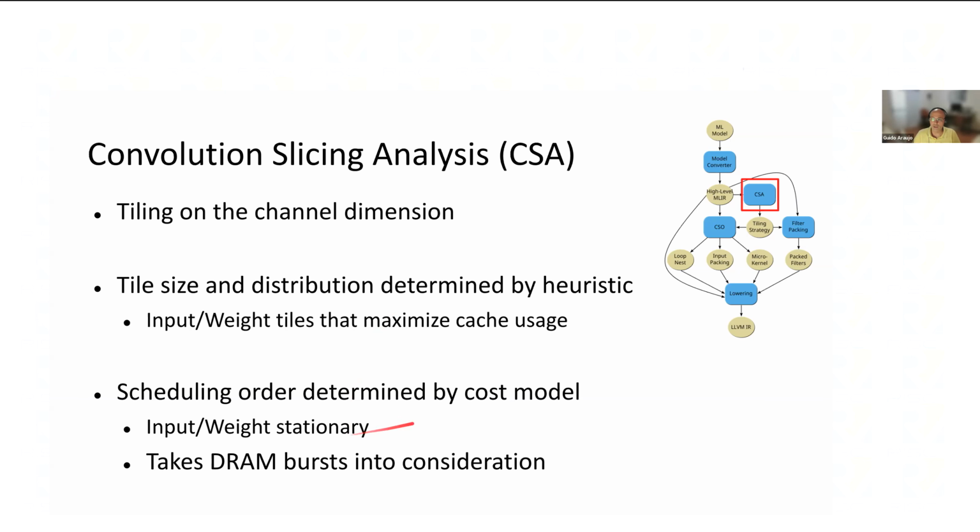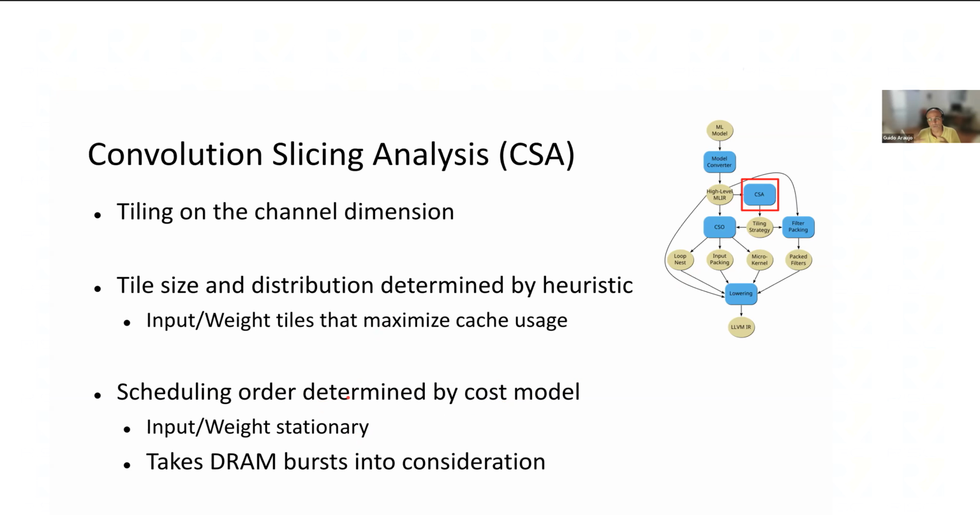And the third task of the convolution slice analysis is to define the order in which you are going to access. So you can keep, for example, the set of input tiles stationary, and then you keep changing the weight tiles, or you could do the other way around. This is also a known problem, but it's really amazing that depending on architecture, sometimes an input stationary is better than a weight stationary.